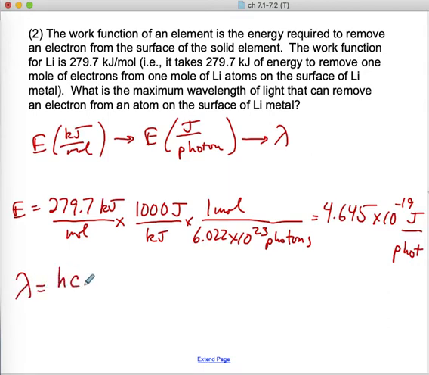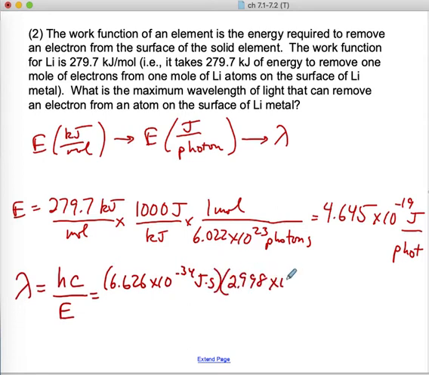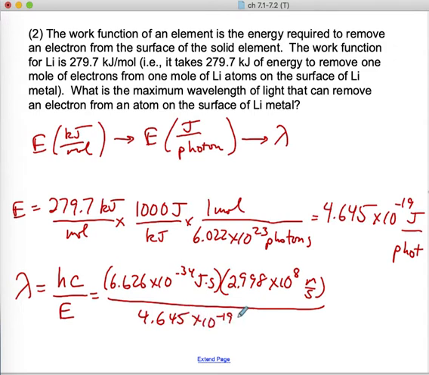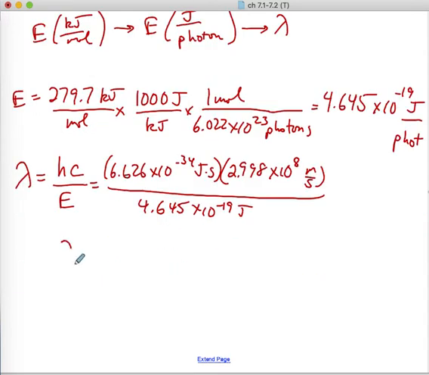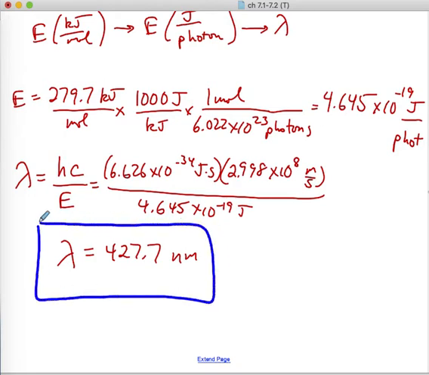Wavelength equals Planck's constant times the speed of electromagnetic radiation over energy. 6.626 times 10 to the negative 34th joule seconds times 2.998 times 10 to the 8th meters per second divided by the energy I just calculated, 4.645 times 10 to the negative 19th joules, and that gives me a wavelength of 427.7 nanometers, which happens to be blue light, hence the blue box.